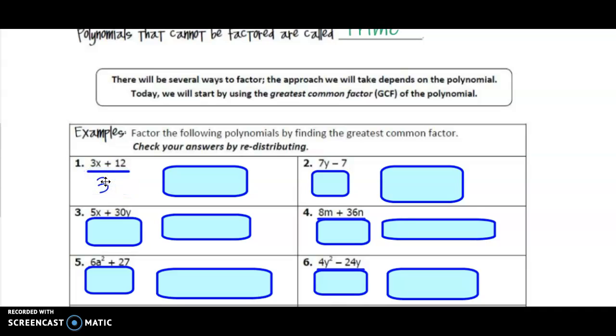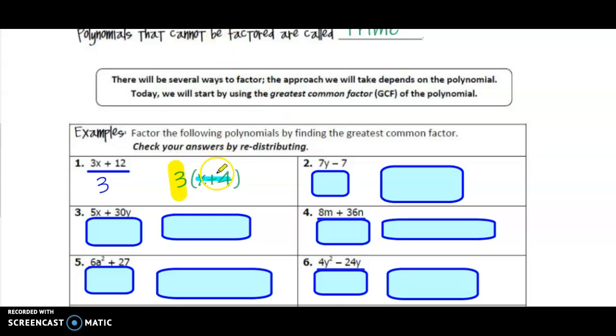So what I do is I figure out what my greatest common factor is, in this case it's 3, and I divide each part of the polynomial by that 3. Then I write the common factor on the outside of parentheses, and then I write what I got when I divided on the inside of those parentheses.